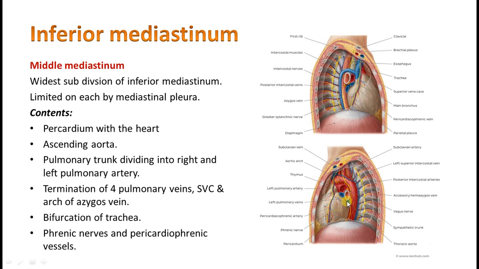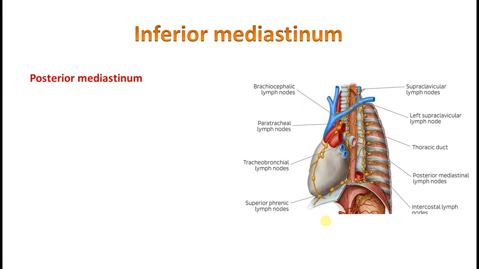Next we will pass on to the inferior mediastinum. Before that, you are also able to see the phrenic nerve with the pericardiophrenic vessels, which is going to pierce the diaphragm. So here we have seen the superior mediastinum, with retrosternal, intermediate, and prevertebral structures.